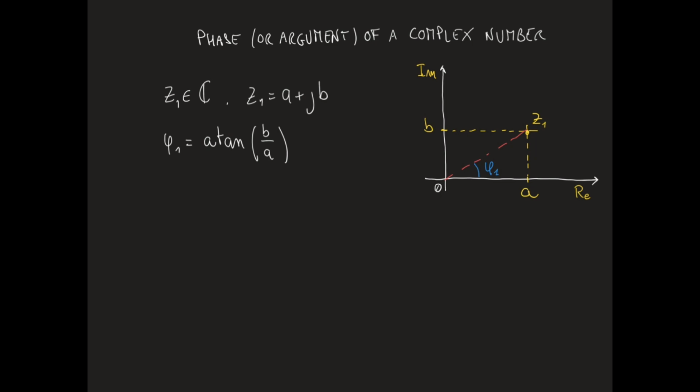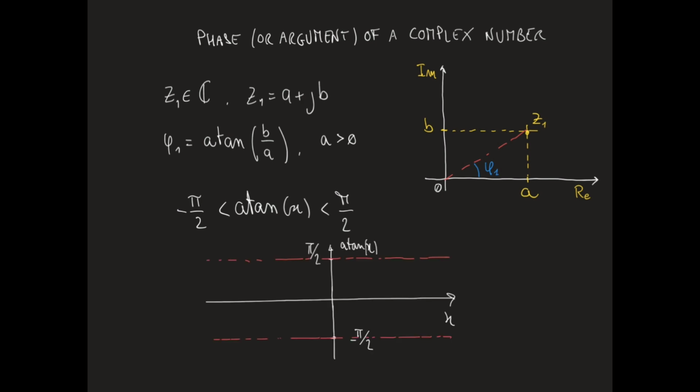This result, as I already mentioned, is actually true only if a is positive. The reason for this limitation is that the inverse tangent function can only take values between minus pi divided by 2 and pi divided by 2, which is the interval of values that the phase can assume for positive real part only.